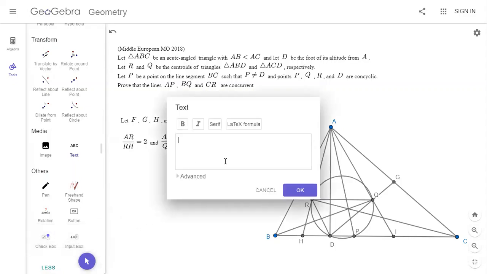So from there, we have some angle chasing.